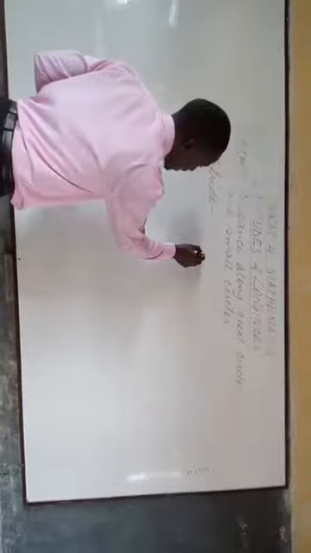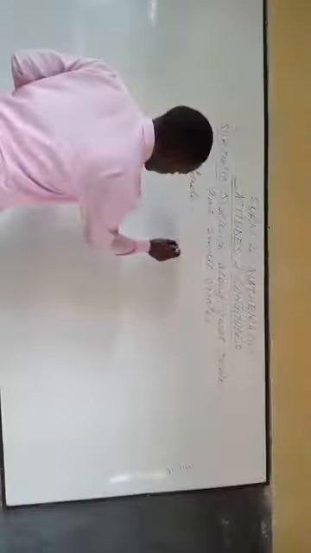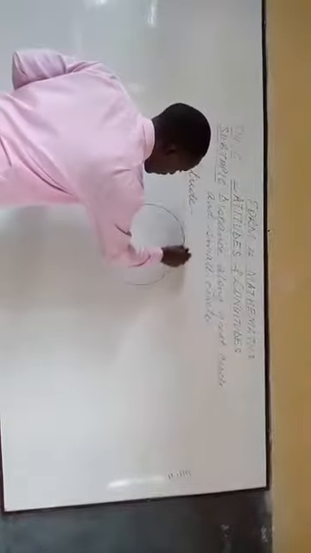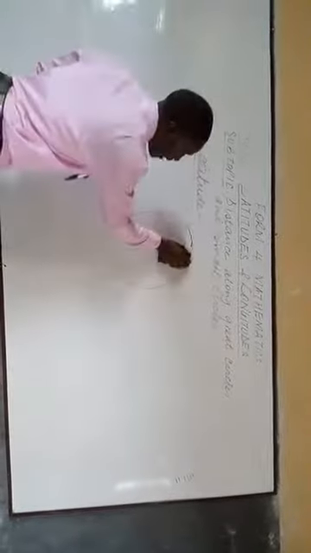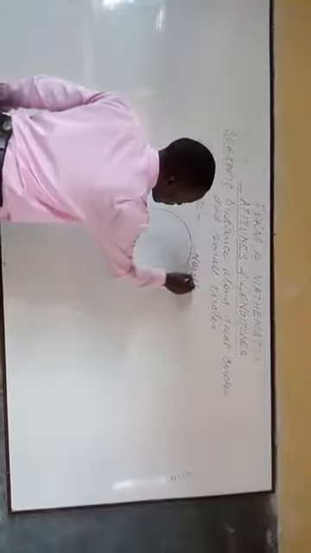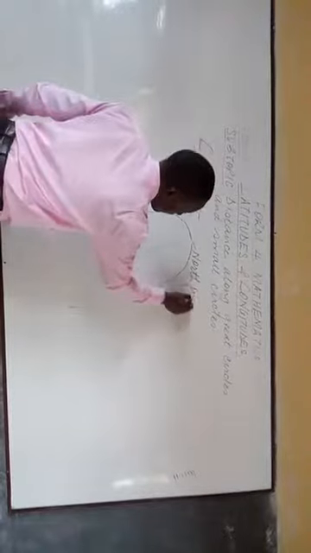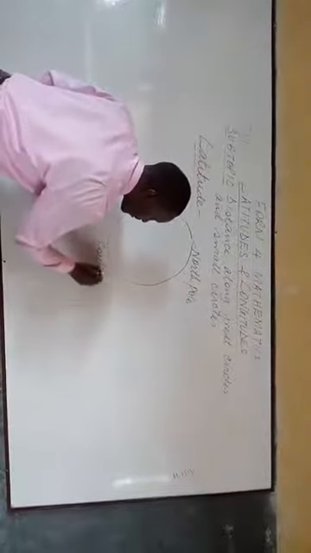So if I draw an example here of a globe, like that, then up here we'll have what we call the North Pole, and down here we have what we call the South Pole.